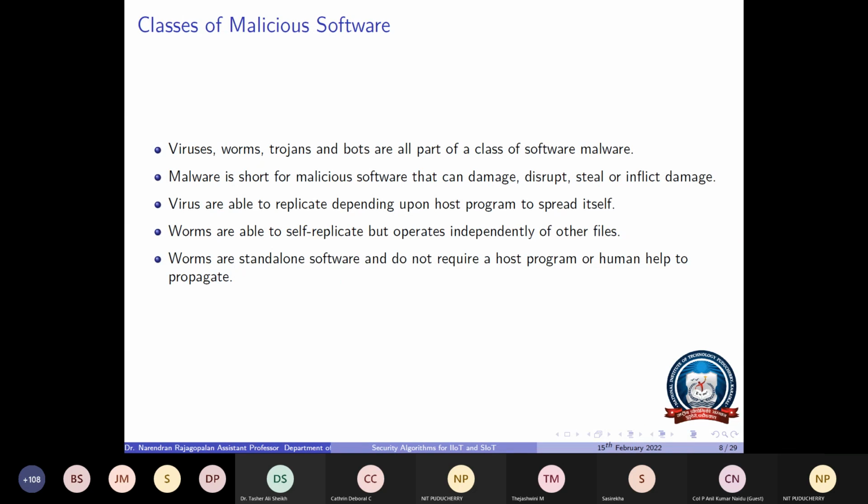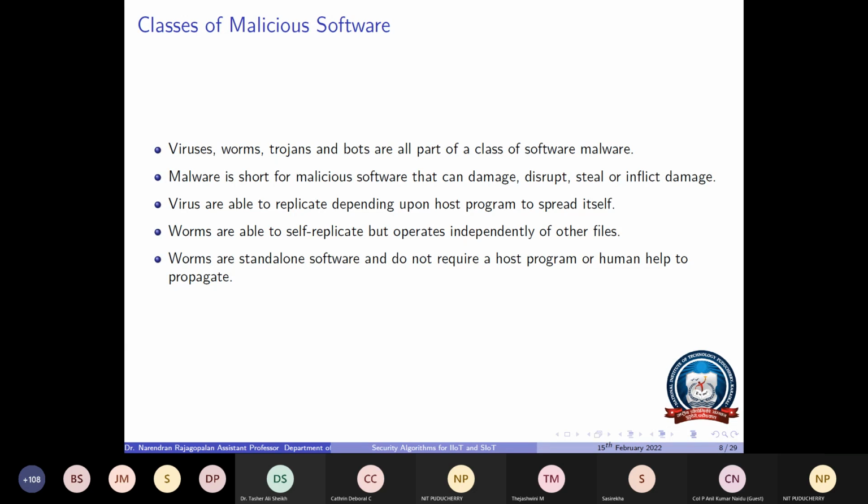These are some of the generic classes of malicious software: viruses, worms, trojans, and bots. Viruses are basically a small snippet of code which gets embedded in a bigger program, and it gets replicated only when there is human intervention, or the program in which it is embedded is physically transferred.